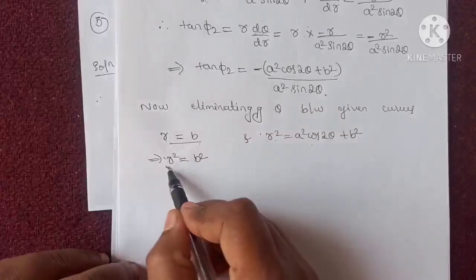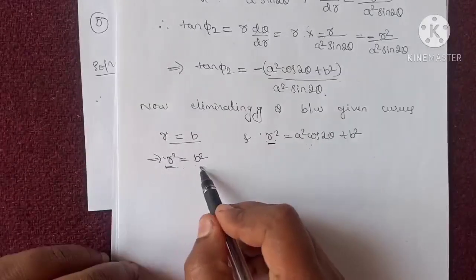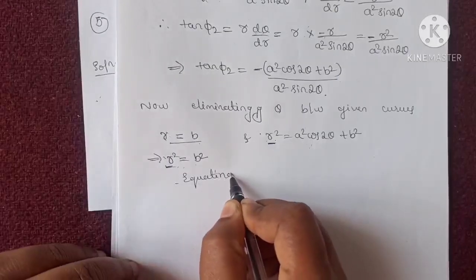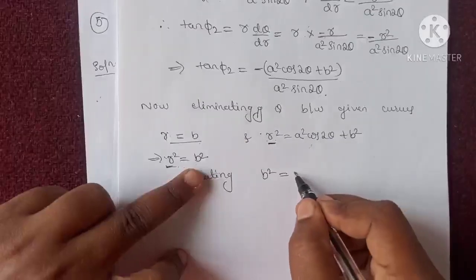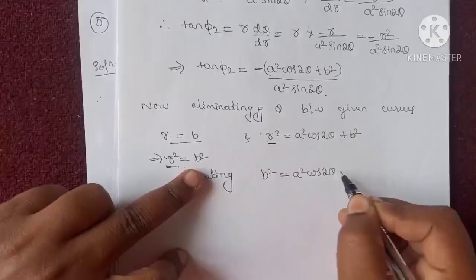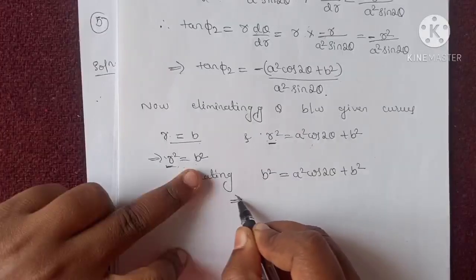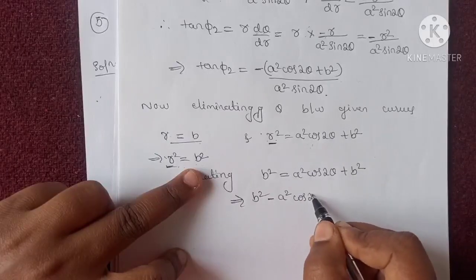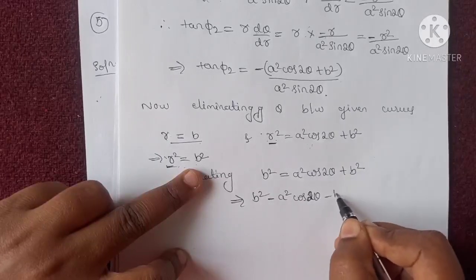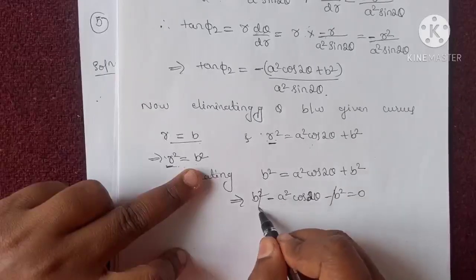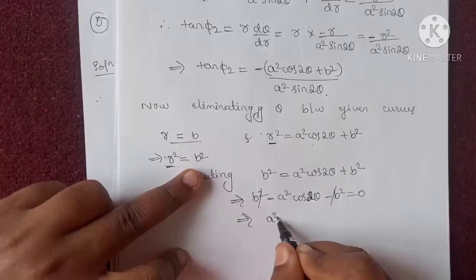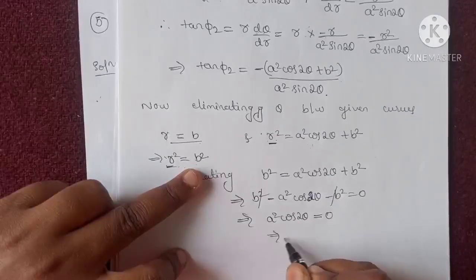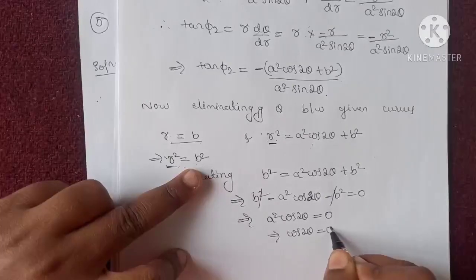LHS is the same, therefore we can equate the RHS. Equating both equations, we get b square equals a square cos 2 theta plus b square. Taking all these terms to this side, we get a square cos 2 theta minus b square plus b square equals 0. b square minus b square cancels, we get a square cos 2 theta equals 0, or cos 2 theta equals 0.